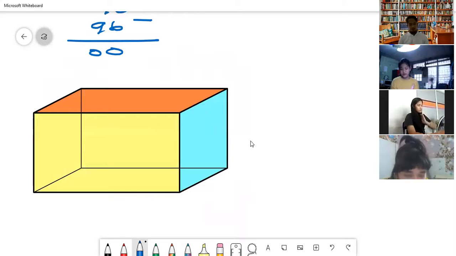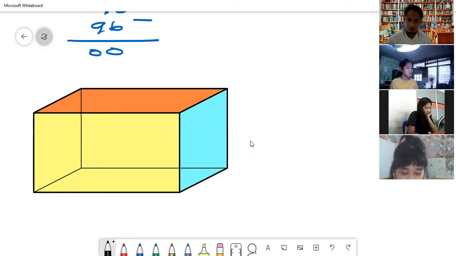Page 112. The volume of the cuboid is 480 cubic centimeters.